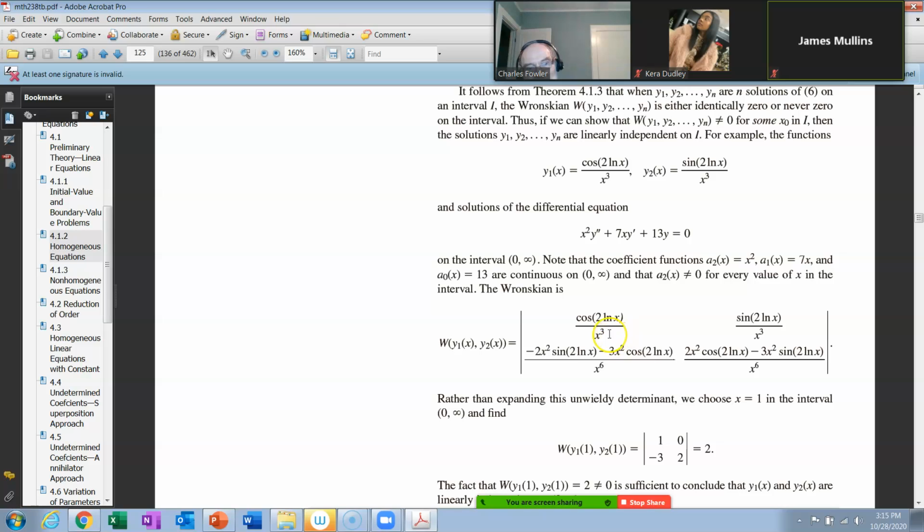But when you do that and put the x equal 1, this would be a 1, that becomes a 0, this term right here becomes a 0. X equal 1, that's a 0.